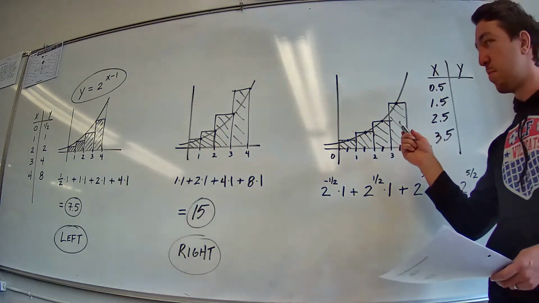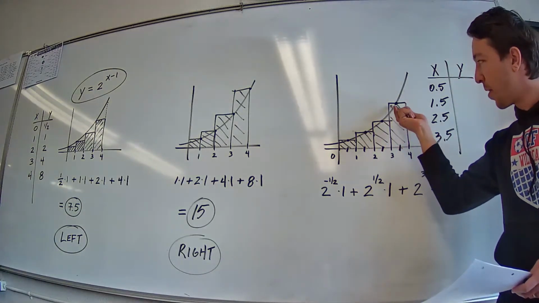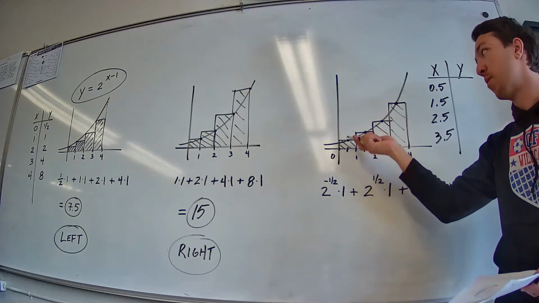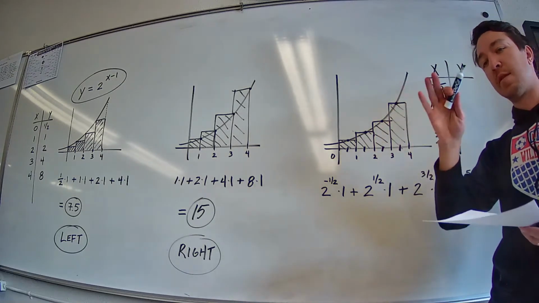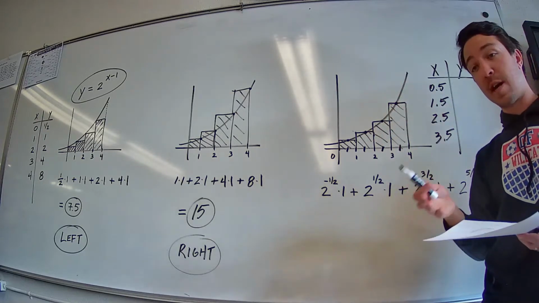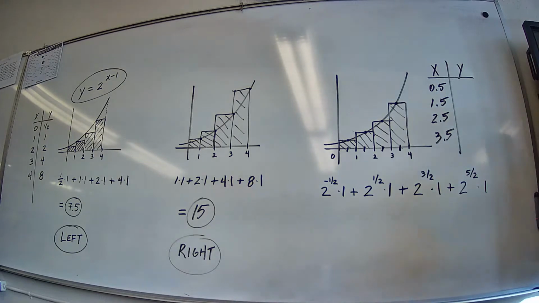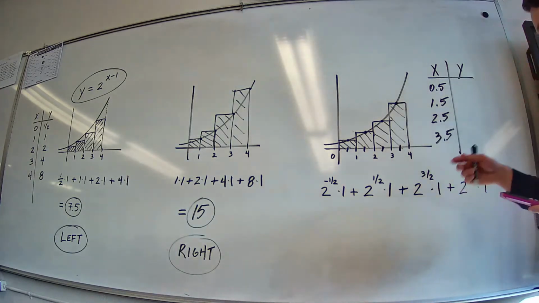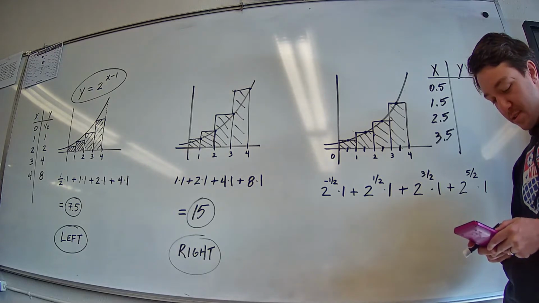By the way, this is looking like a better estimate, right? Because it did overcount. See how it went over the curve a few times? Well, 4 times. But it also had some gaps. So those gaps are going to, in some sense, cancel out a little bit. It's not perfect. Here, I'll use a calculator.